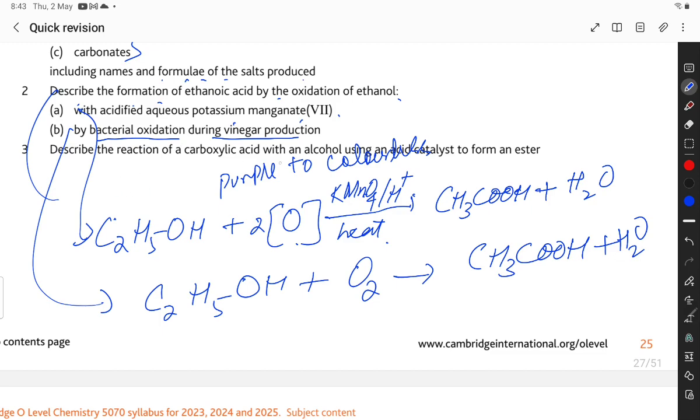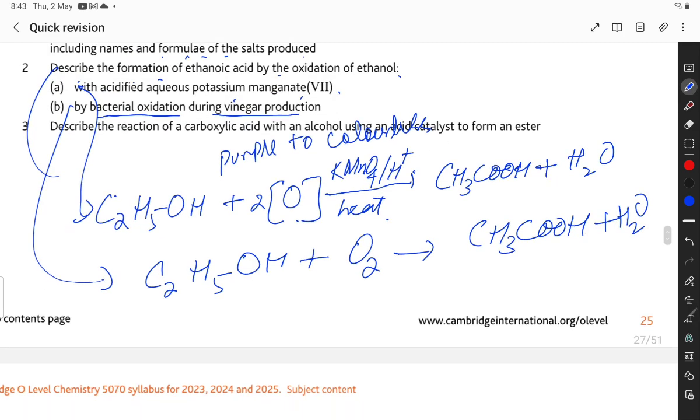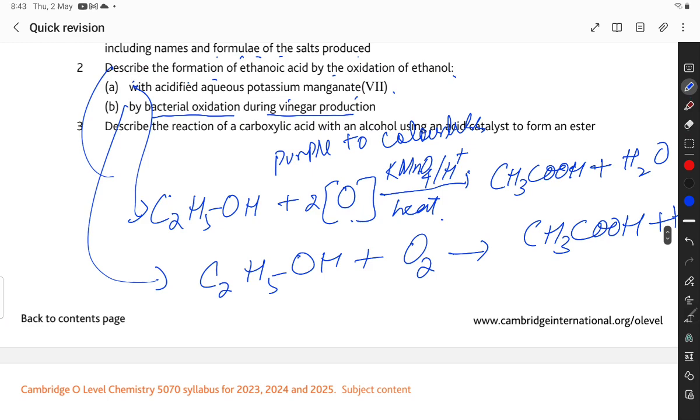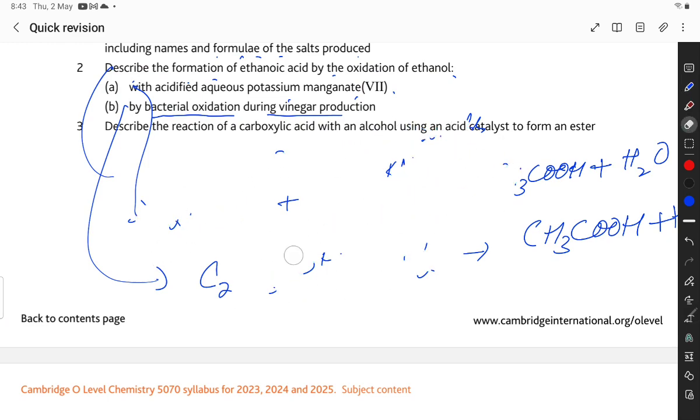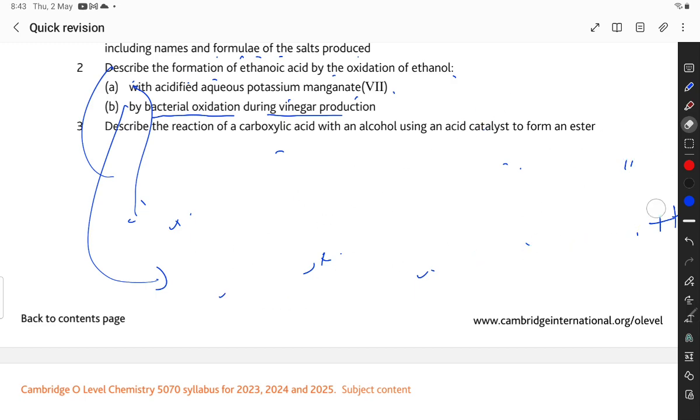Describe the reaction of a carboxylic acid with an alcohol using an acid catalyst to form an ester. Concentrated acid is used as a catalyst for making the ester. This is a reversible reaction.